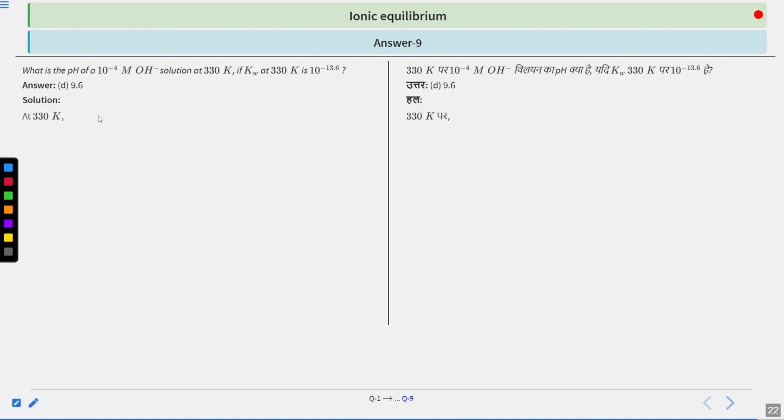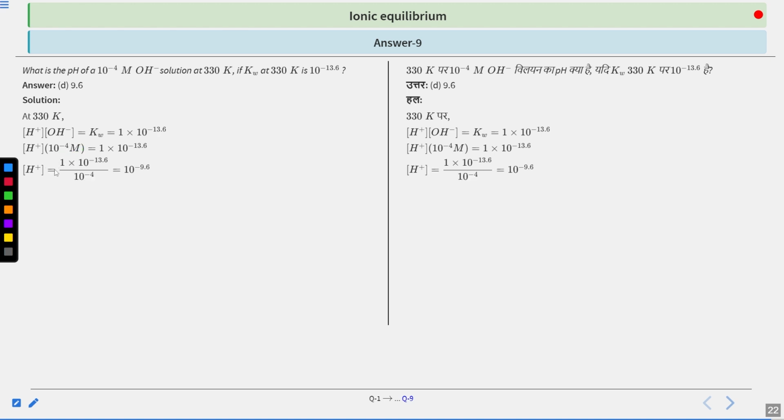So at 330 Kelvin, we can write that H plus concentration multiplied by the OH minus concentration, that is hydronium ion concentration multiplied by hydroxide ion concentration, is equal to Kw, which is equal to 1 into 10 to the power minus 13.6. Now, since the value of OH minus is given as 10 to the power minus 4, we can substitute the concentration of hydroxide ion here.